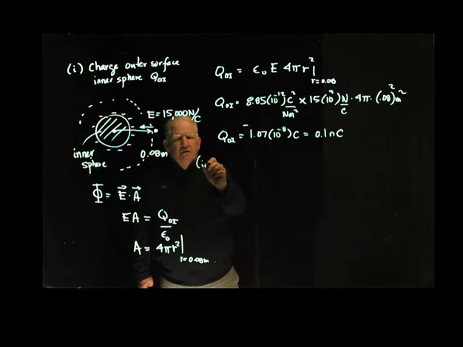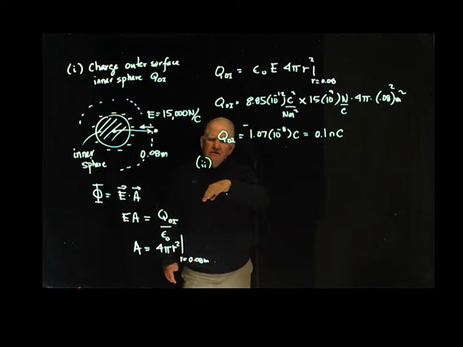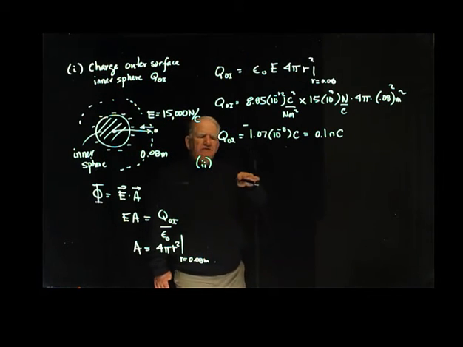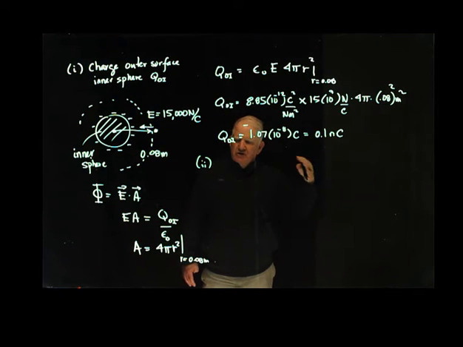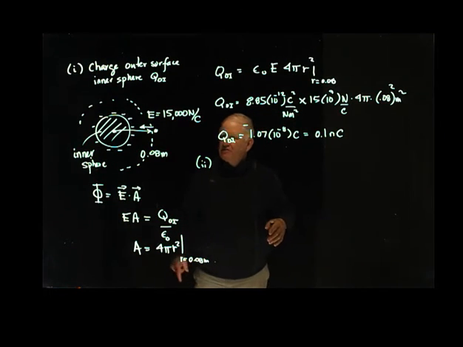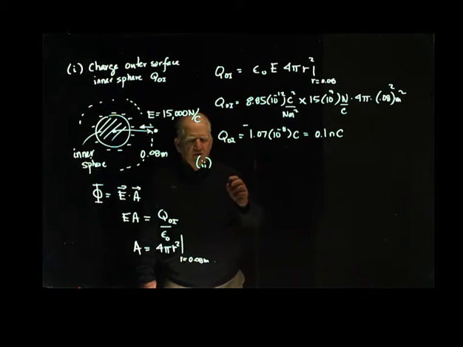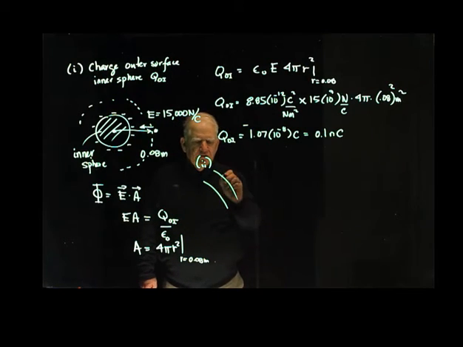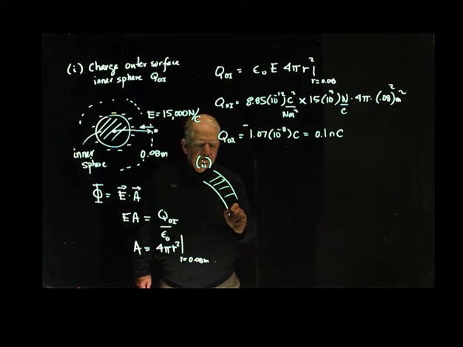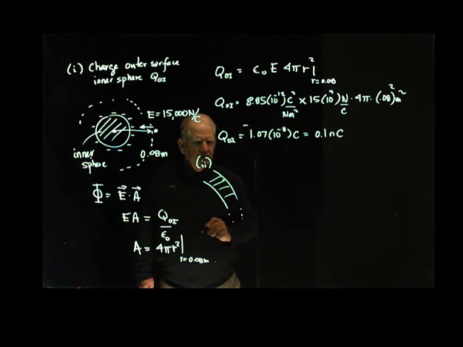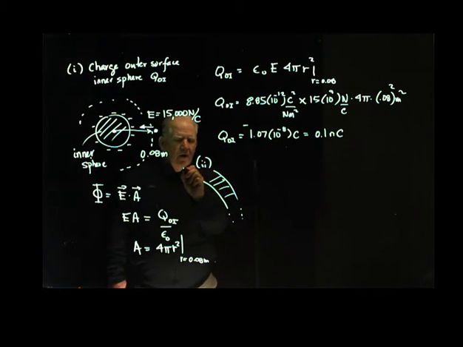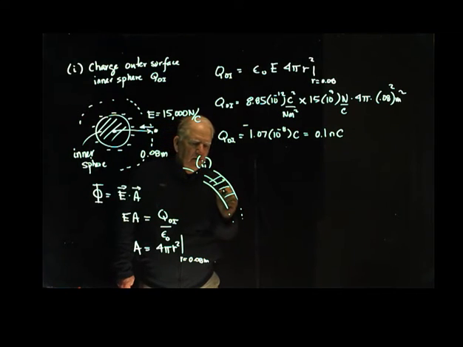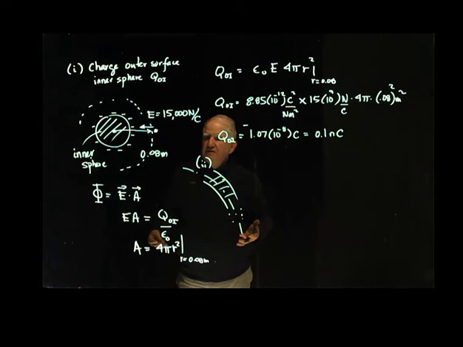Problem two said, now knowing this, what is the charge on the inner surface? In that case, if I could make a quick little drawing here, if this is the inner surface, I'll just draw a little section of the hollow sphere, and create a Gaussian surface right in its interior.